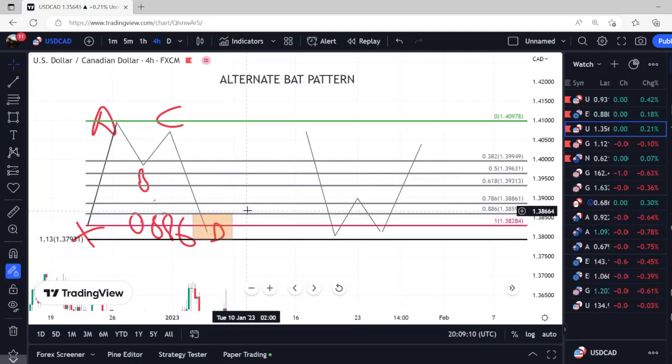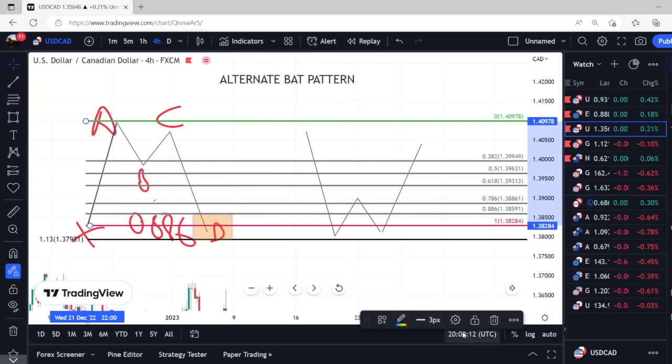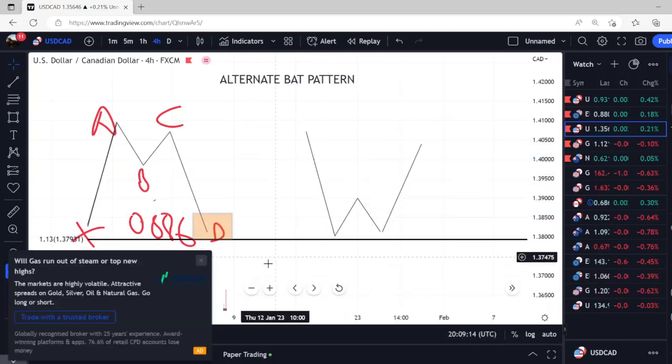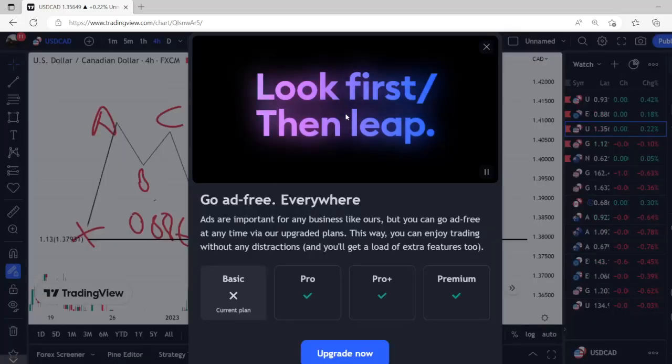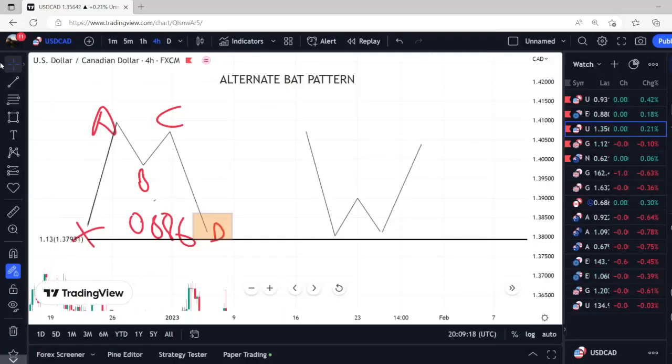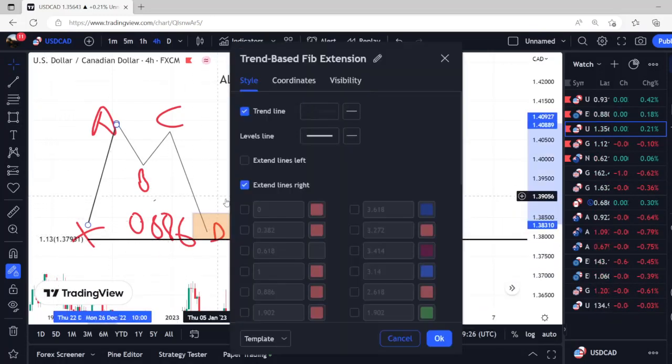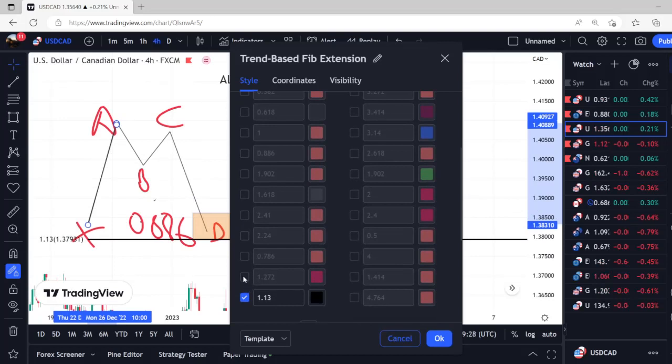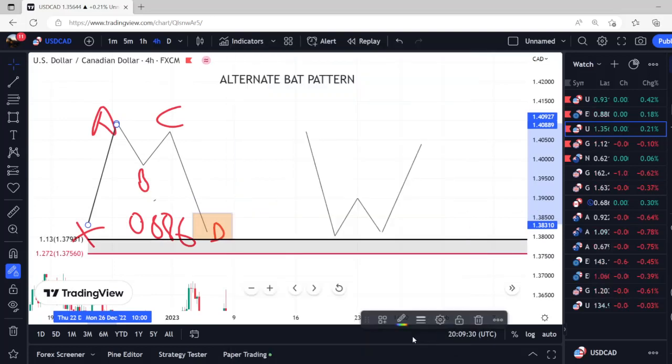So this becomes our area of interest where we are looking to take our long position, and for our stop loss we go beyond 1.13. So we take the next extension, which is 1.127, as our stop loss.